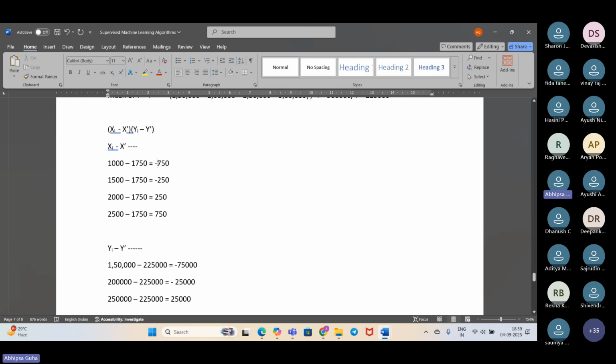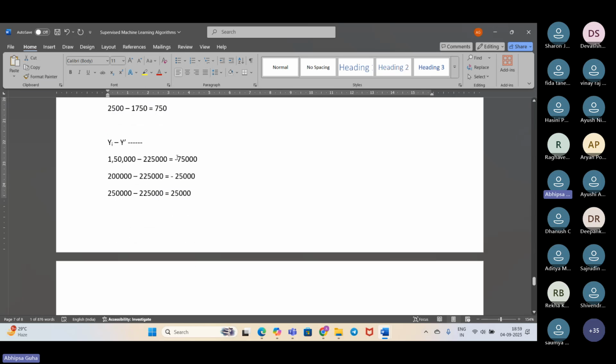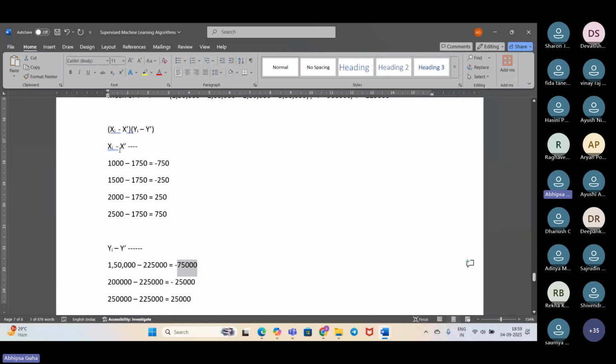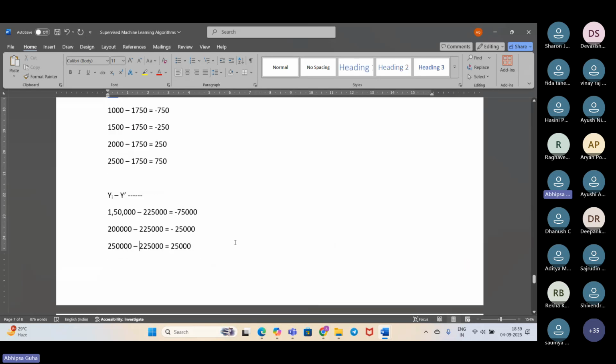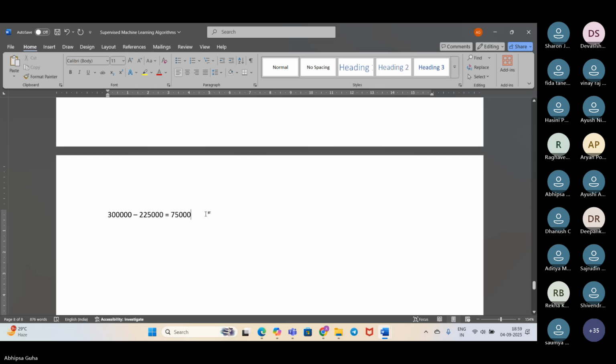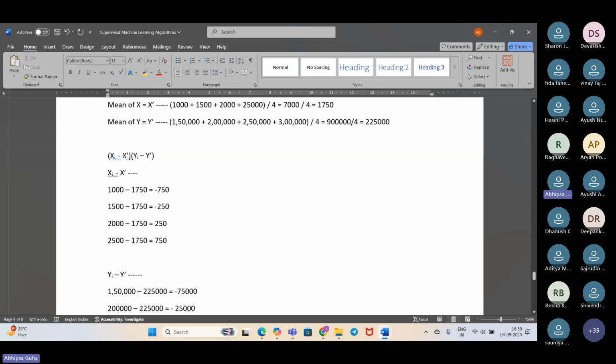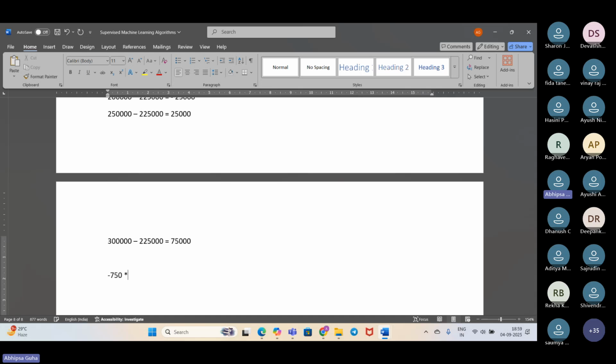So what we will be doing? We will be doing for first, this one will be multiplied with this one, because this is the first xi minus x bar for the first case. So this one will be multiplied with minus 75,000.